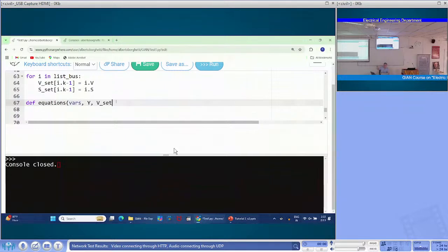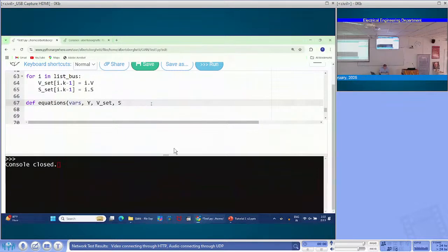We said that in bus 2 the voltage needs to be the rated value, so we have stored this here. So also we want that in bus 2 there is a certain active power and also reactive power. So we need also the set point for the active and reactive power.